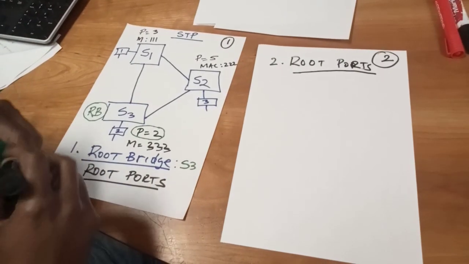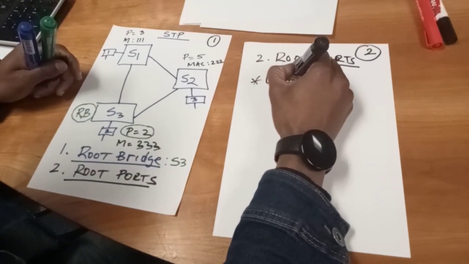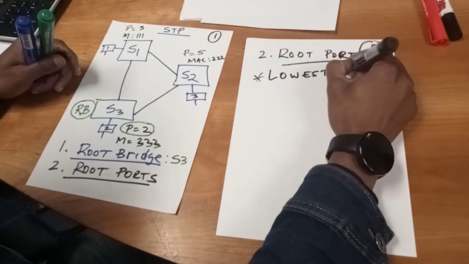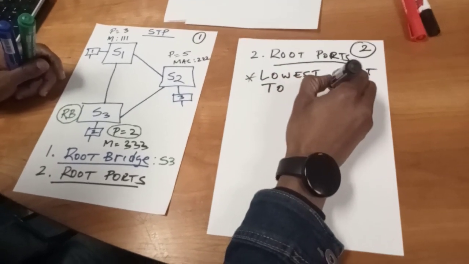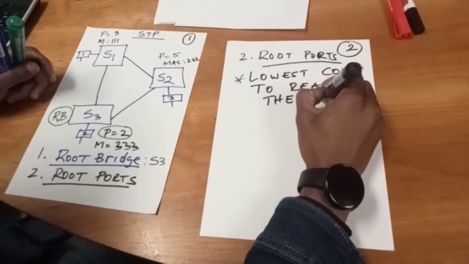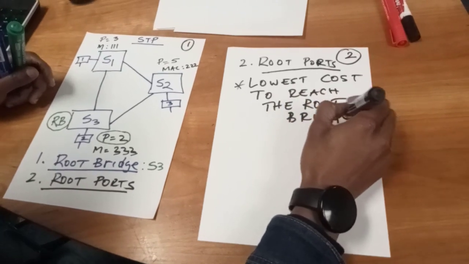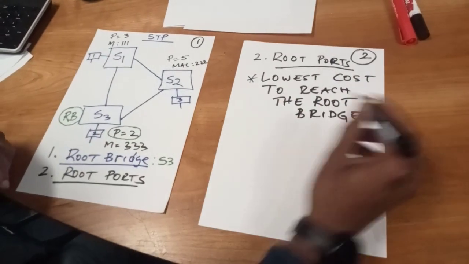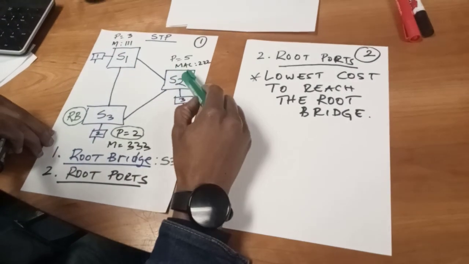For the root port, we are checking the lowest cost to reach the root bridge. To reach the root bridge, right? So you must go to switch number 1 and switch number 2.